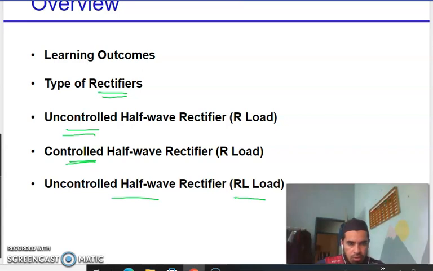So first we shall use only a resistive load as our reference. This one also has a resistive load but with a controlled rectifier. Then we go to the uncontrolled one but using a more practical load of resistive plus inductive components.